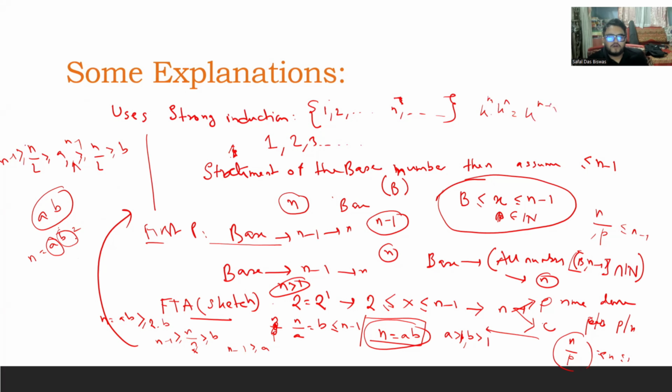So if p to the power alpha fully divides a, that means p to the power alpha plus 1 does not divide a, but p to the power alpha divides a, and p to the power beta fully divides b.